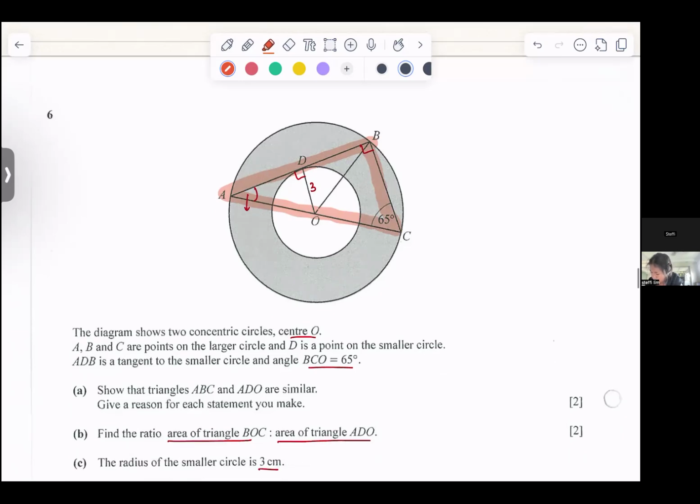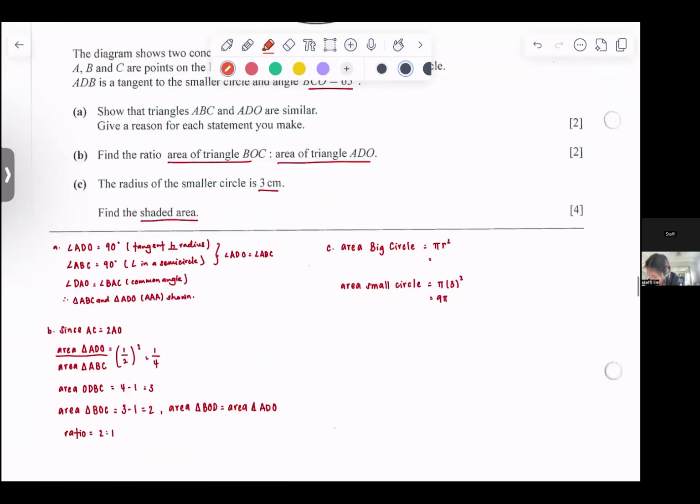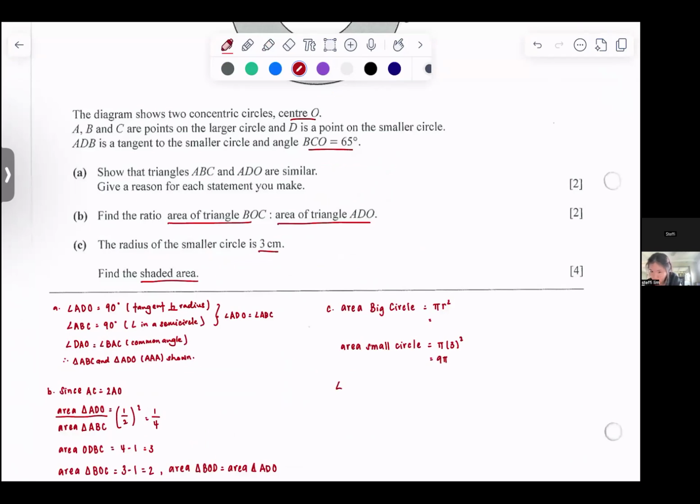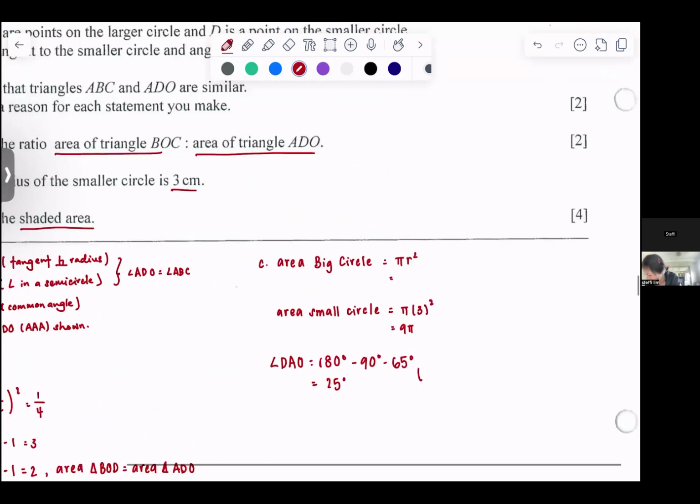Angle DAO equals 180 minus 90 minus 65, that equals 25. Reason: angle sum of triangle.